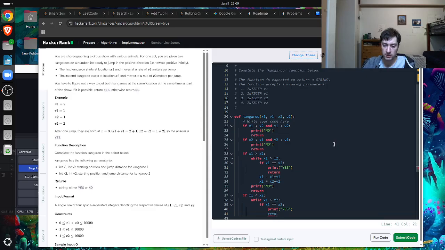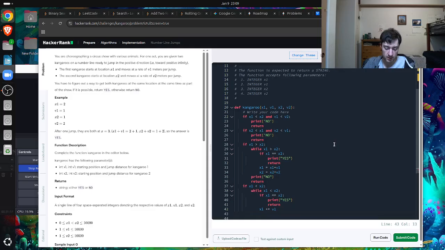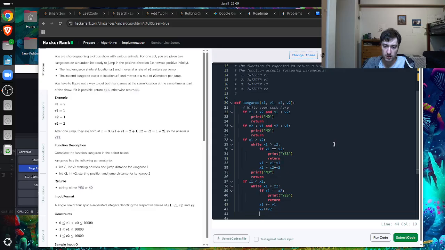Okay, so now I want to move them. So x1 plus equals v1, and then x2 plus equals v2 like this. And if this ever terminates, we print no and return.